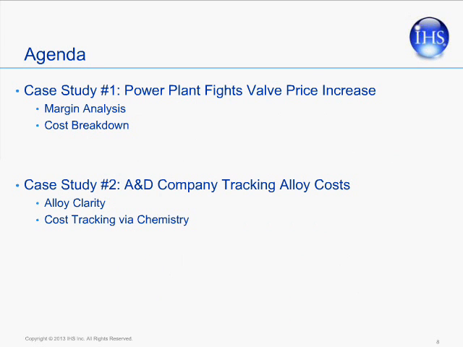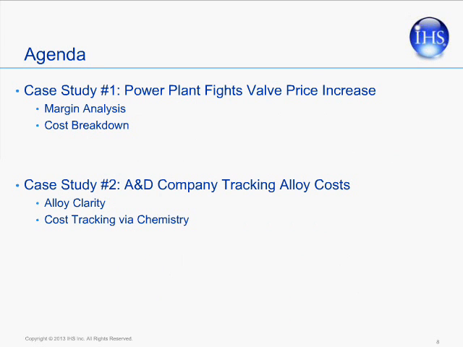So we want to look at that and some tools to fight back on those price increases. The second case study will look at tracking alloy costs, especially in highly engineered environments like aerospace and defense.